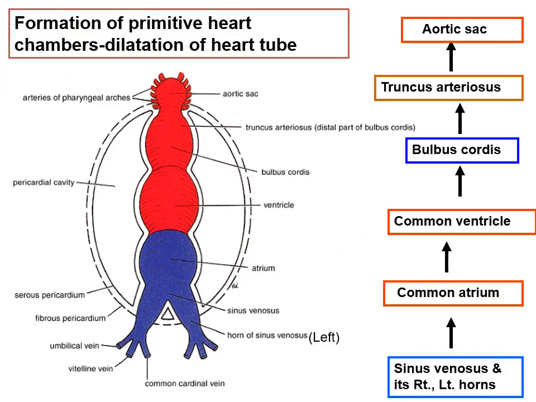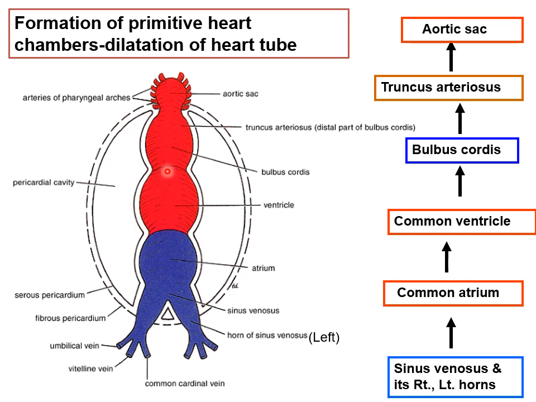So what are the chambers as it is forming? Now we can name these chambers of the developing heart tube from caudal to cranial. So from the venous end, if you start, the first chamber is known as sinus venosus, or a venous chamber, which has two horns, a right horn and a left horn of sinus venosus, which then is continuous or opens into a common atrium.